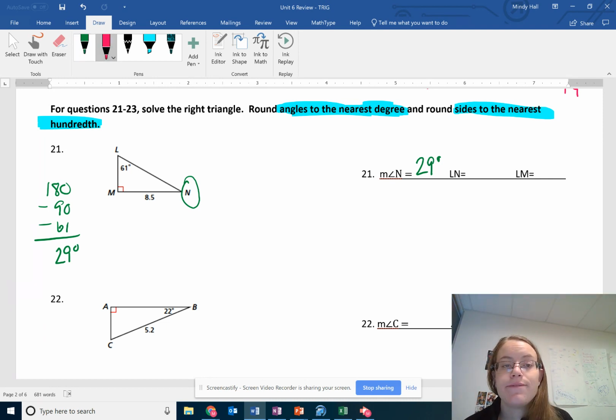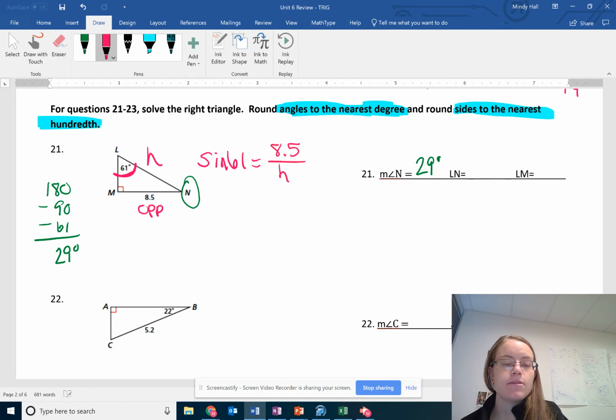So next we're going to find LN, which is the hypotenuse. So I'm just going to label it as h. So because I want to look at this 61 degrees, that 8.5 is opposite. So opposite over hypotenuse is sine. So we have sine of 61 equals opposite 8.5 over hypotenuse, which I'm going to use as h. So then we multiply both sides by h so that it cancels out on the right.